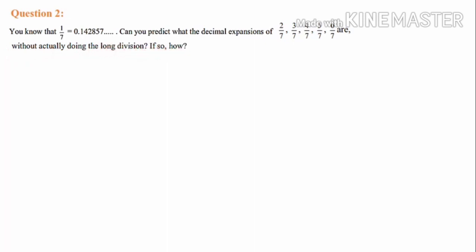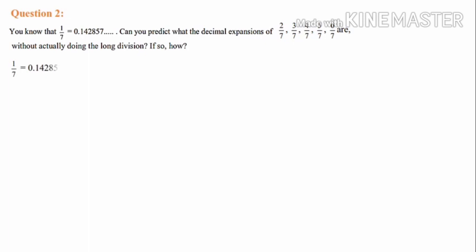If so, how? Here the answer for 1 by 7 is given to you, that is 1 by 7 is equal to 0.142857 etc. And we have to predict without actual division the answers of 2 by 7, 3 by 7, 4 by 7, 5 by 7 and 6 by 7.